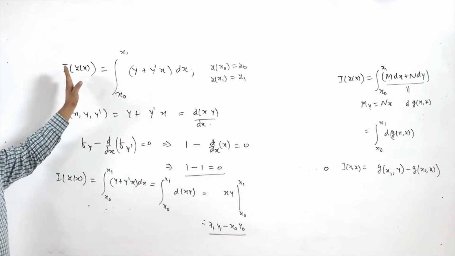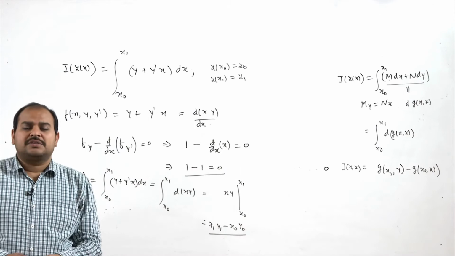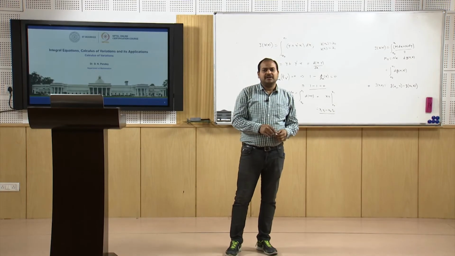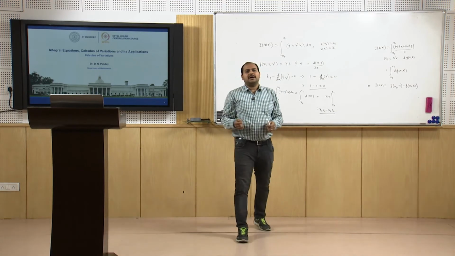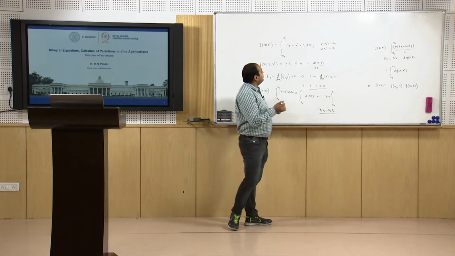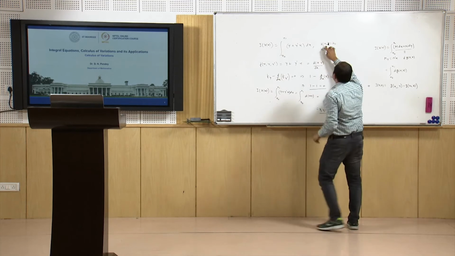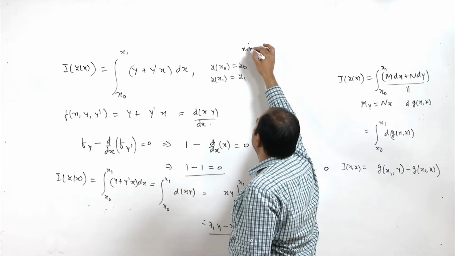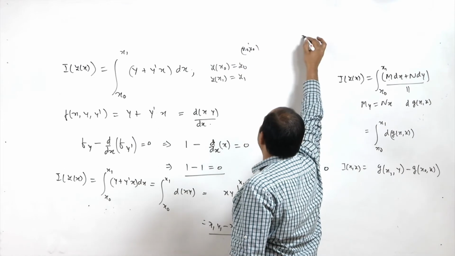So here the question of extremizing the functional is now meaningless, because this integral is independent of the path joining these two points x0 y0 and x1 y1. So this is the point x0 y0 and there is a point x1 y1.